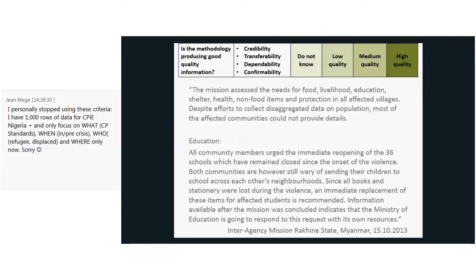Okay, and so Jean is saying that they've stopped using the criteria. They've got so much data that from a practical point of view, they're focusing now just on what, when, who, and where. And perhaps that's something we'll touch on a little bit later.